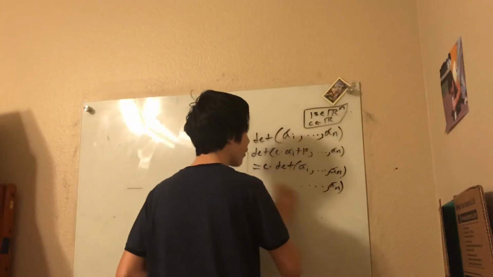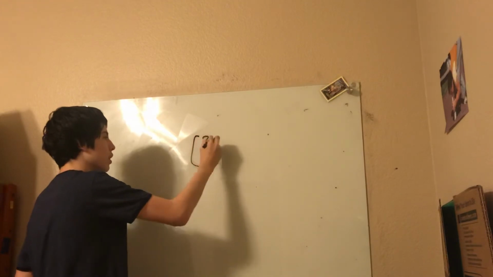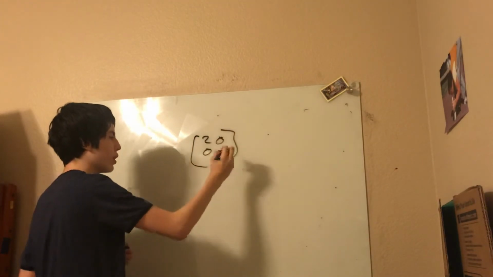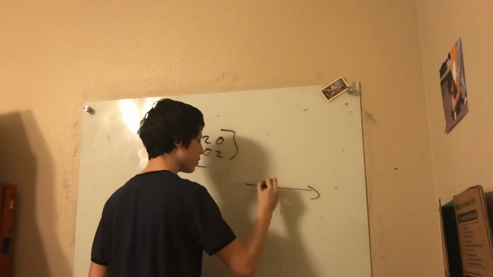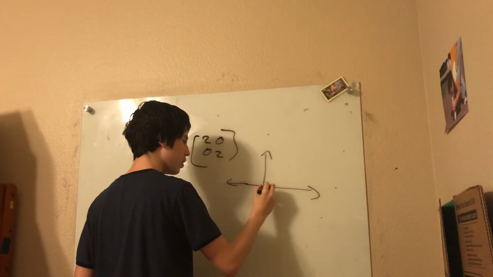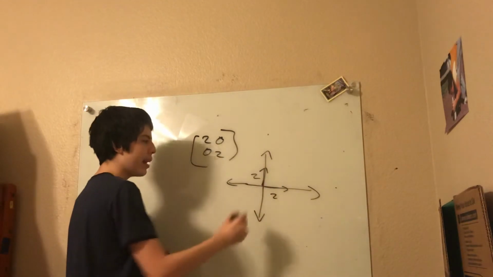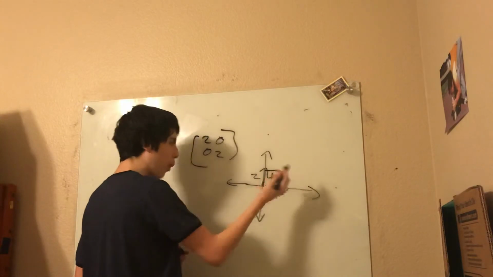For example, we have this matrix, 2, 2, 0, 0. We'll go with this simple example, right? What's the area between 2 and 2? This is 4, right?